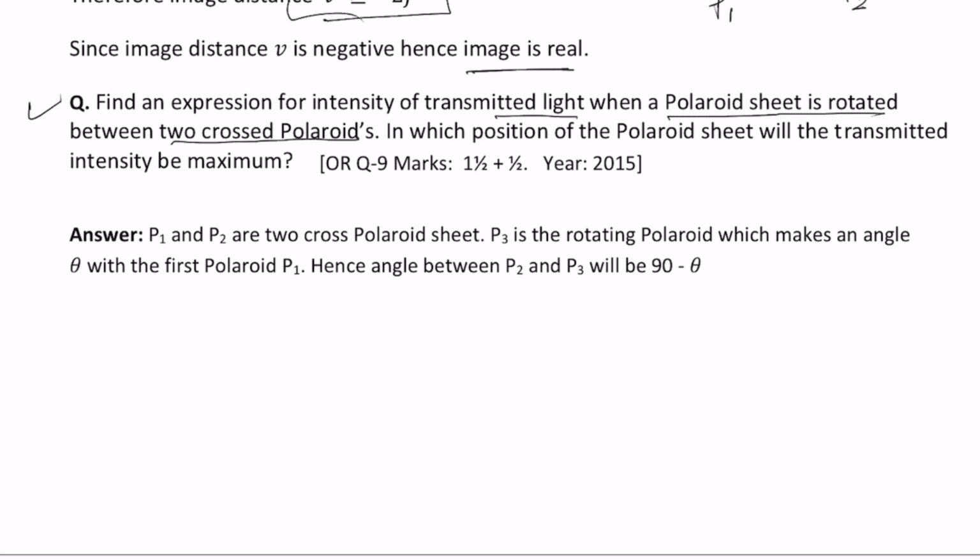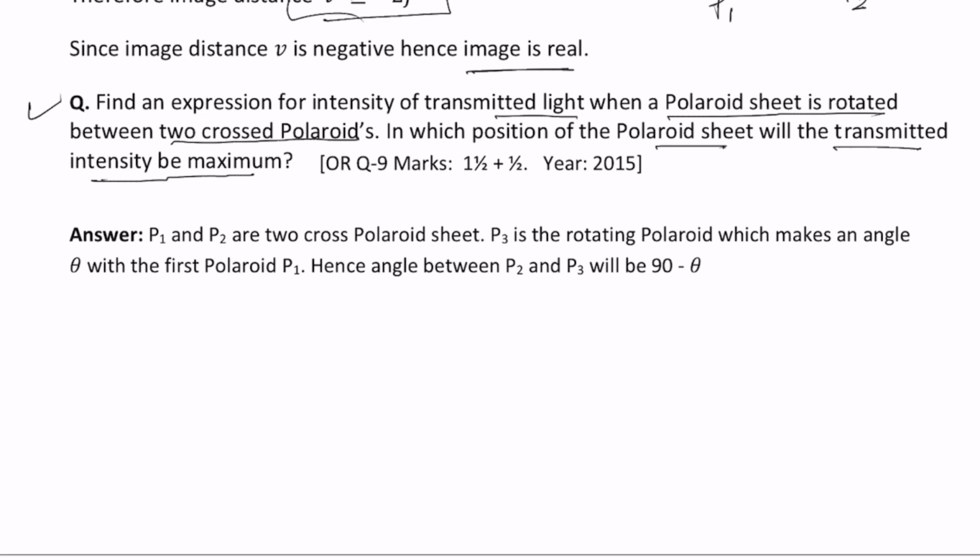If these two axes are at 90 degrees, they are mutually cross Polaroids. In which position of the Polaroid sheet will the transmitted intensity be maximum? Let's see.